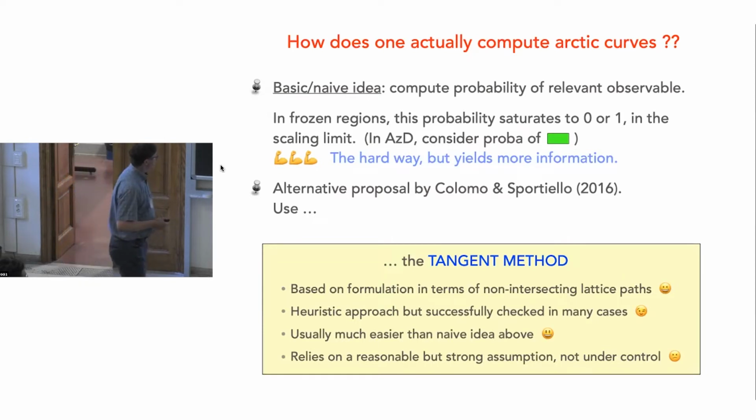It's a heuristic approach, but it has been successfully checked in many cases. This approach is much easier than the hard way, which was the first point. But the drawback is that it relies on a certain number of assumptions, which are not always under control.